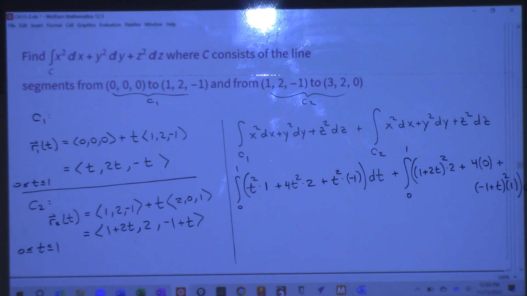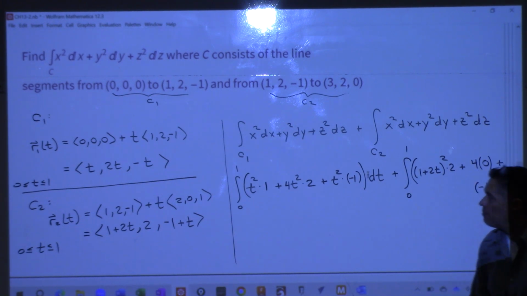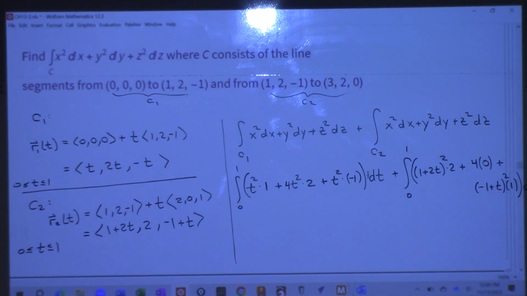I think that's all doable now, right? It's pretty straightforward. That's it. We're done with line integrals.